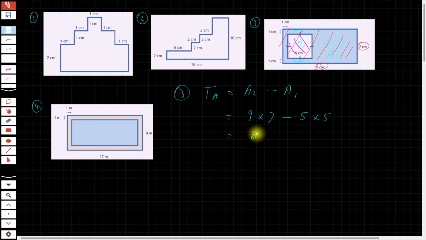So we have 63 centimetres squared, take away 5 times 5, which is 25 centimetres squared. So 63 take away 25 is 38 centimetres squared, which is the blue part of that rectangle.